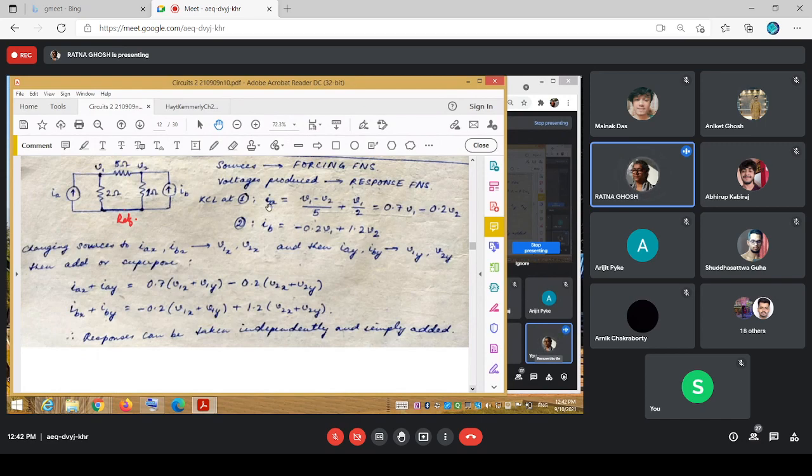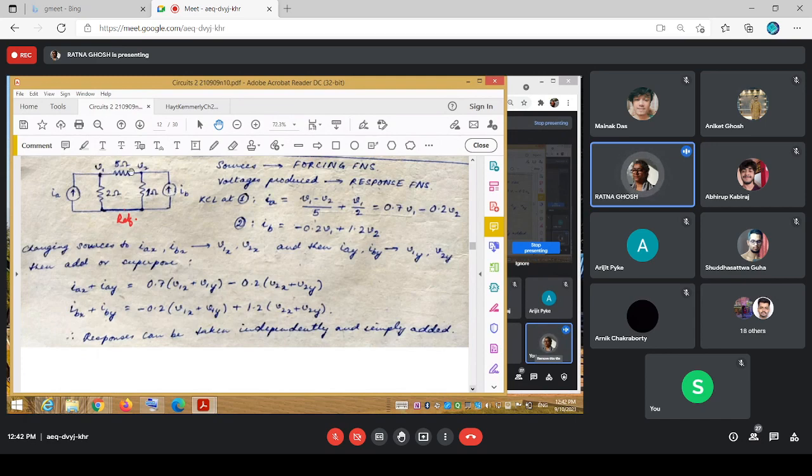So these are the two relations for IA and IB and the corresponding V1 and V2. Supposing you use one value of IA and one value of IB for a particular duration, you call them IAX, IBX. Corresponding, the voltages would be V1X and V2X. Then after a certain duration, you change the supply to IAY and IBY.